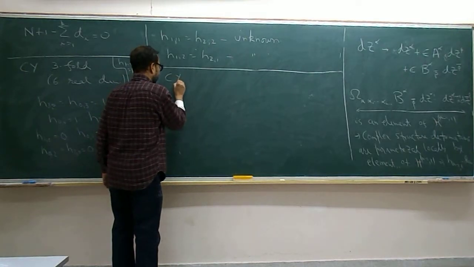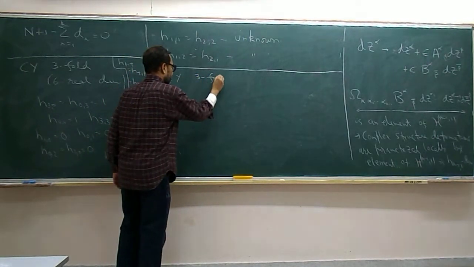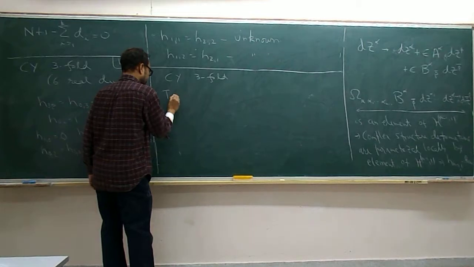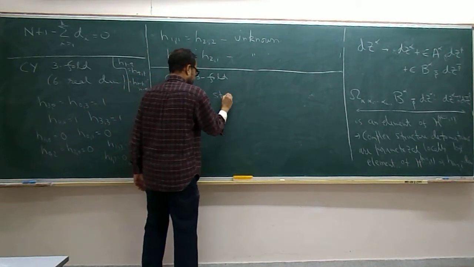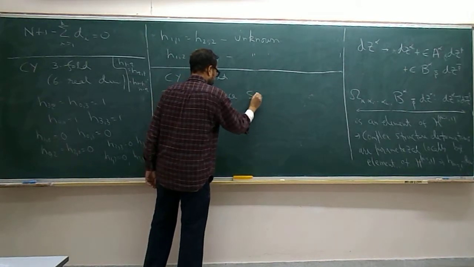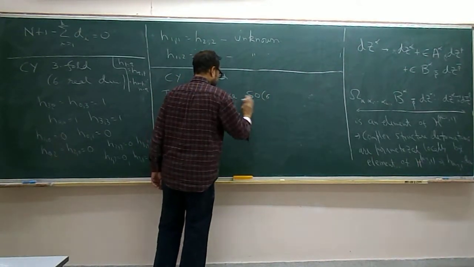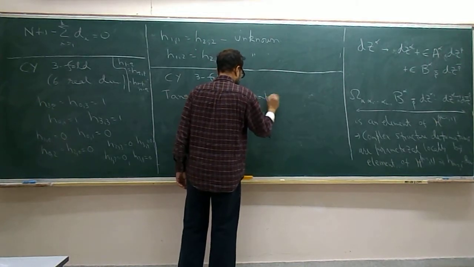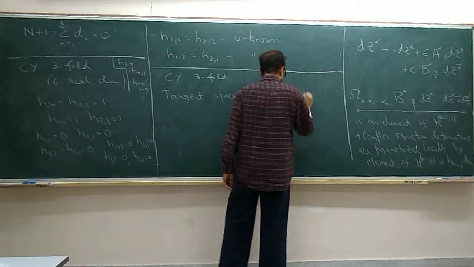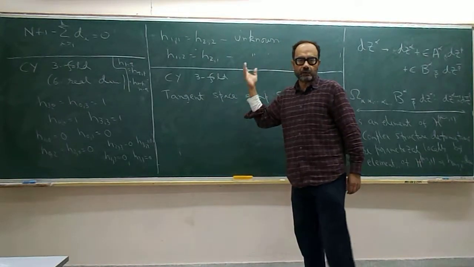So take a Calabi-Yau 3-fold. The tangent space group is SO6, which basically means that the general holonomy group of the manifold will be SO6.